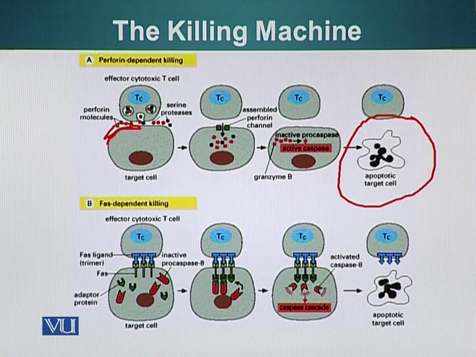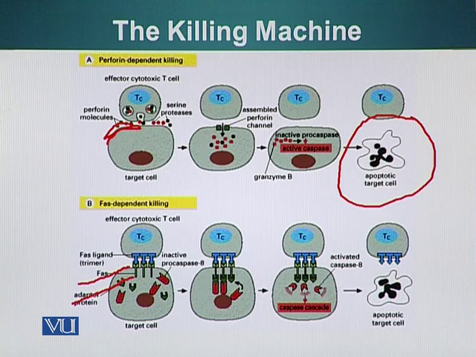The second strategy of T cells is they can use Fas ligand. It is a protein which is expressed on the surface of the cytotoxic T cells. When Fas ligand binds Fas, which you can think of as a receptor, these receptors come together. When these receptors come together, the cytoplasmic domains of these Fas molecules result in recruitment of a special type of proteins called caspases. Caspases are mildly or weakly proteolytic.